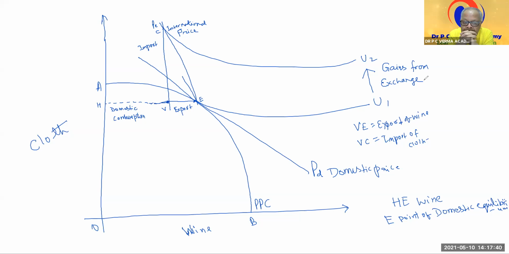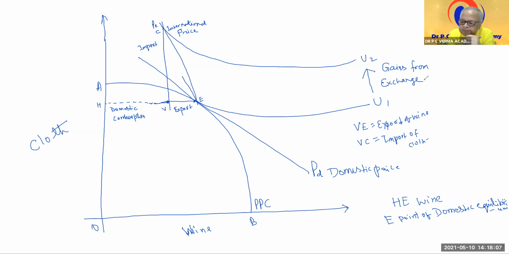Hence, the new equilibrium point occurs at point C, where the indifference curve U2 is tangent to PE. So by exporting VE amount of wine from its domestic consumption, it imports VC amount of cloth. Hence, it reaches a higher indifference curve from U1 to U2. And this is gains from exchange.